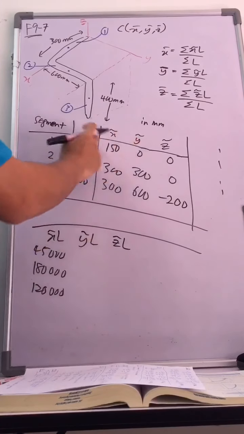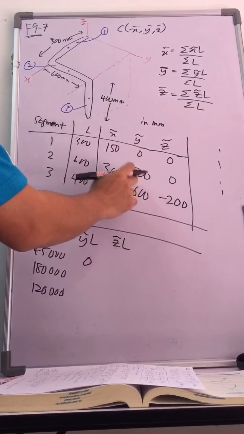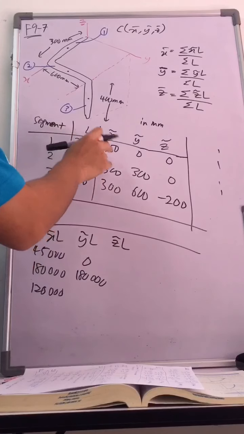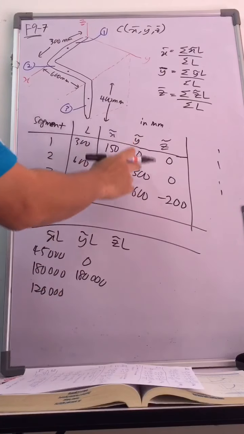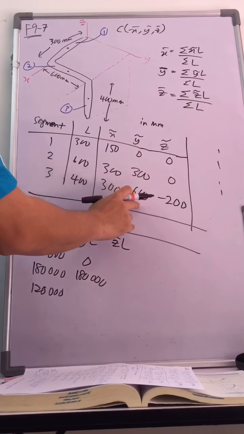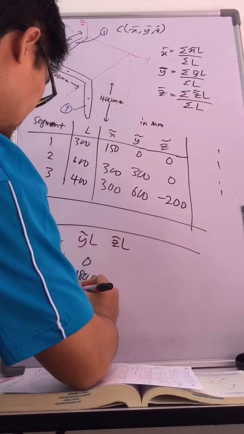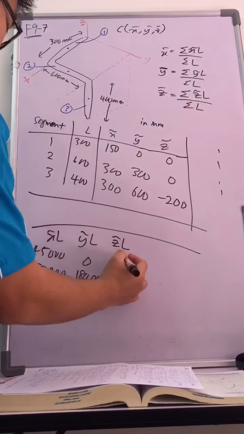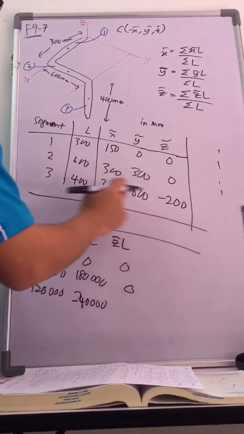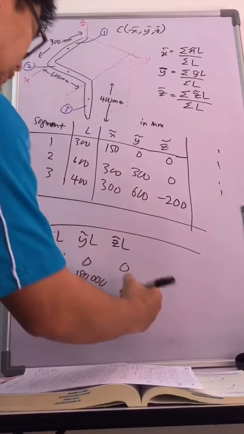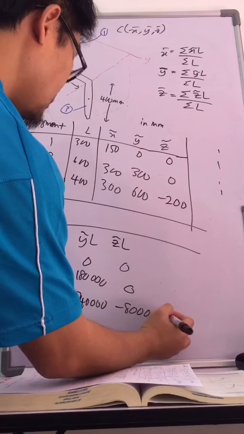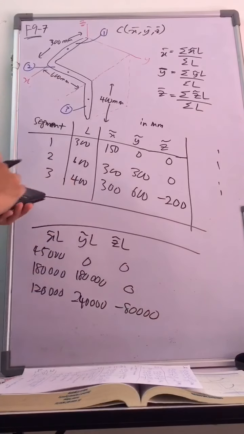And then y tilde L, 0 for number 1. For number 2, it is 180,000, same like the x. And then y tilde L for number 3 is 600 times 400. It is 240,000. Okay. And then for the z, 0, 0, and then this 200 times 400, it is minus 80,000 only. 400 times 400. Okay, minus 80,000, minus.